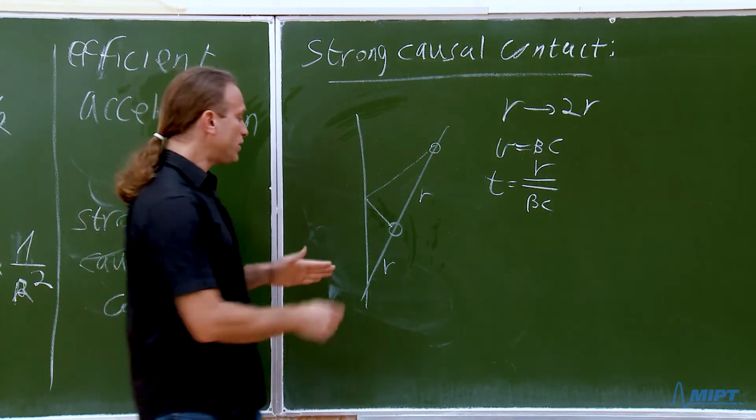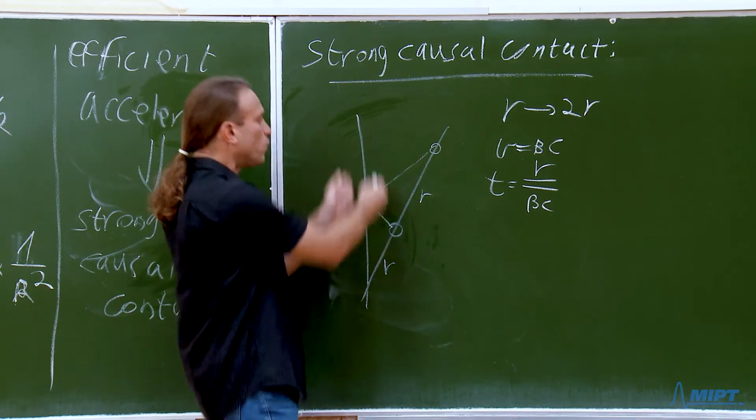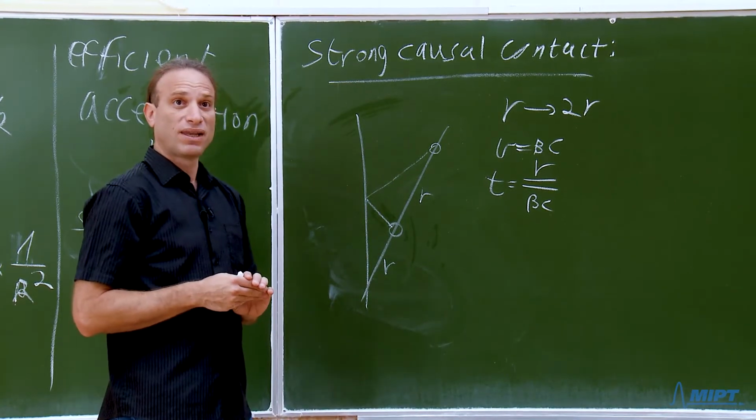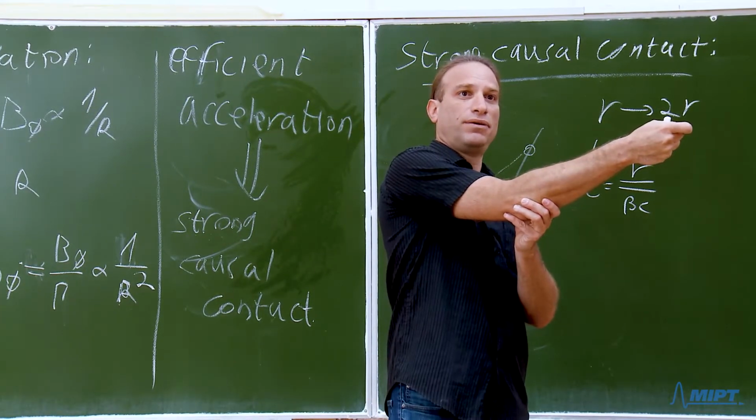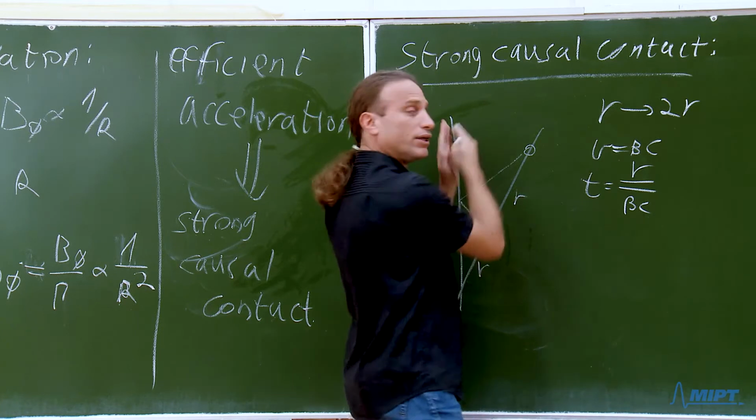Now let's look at the situation from a system that moves upward with the particle. In this system, the particle is moving sideways, because we are moving with the particle.